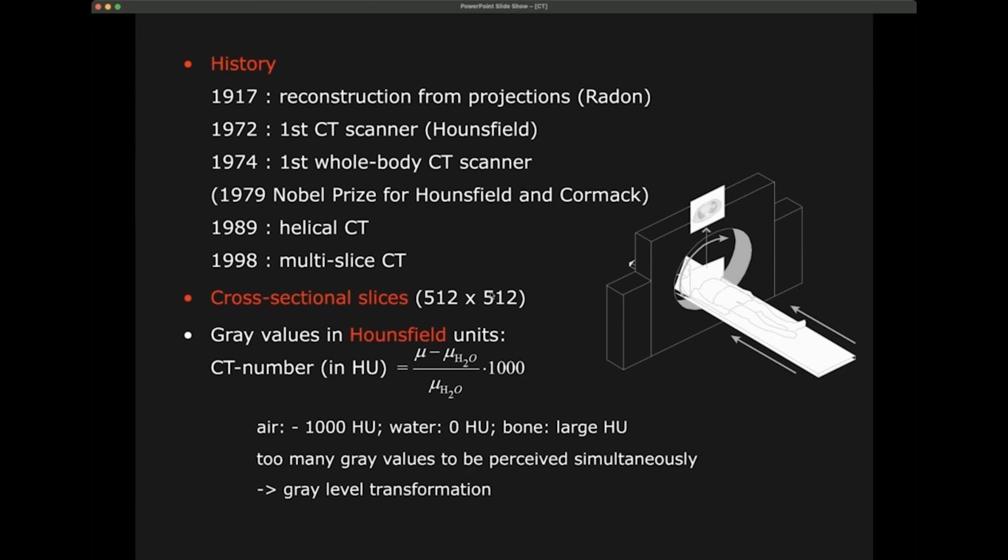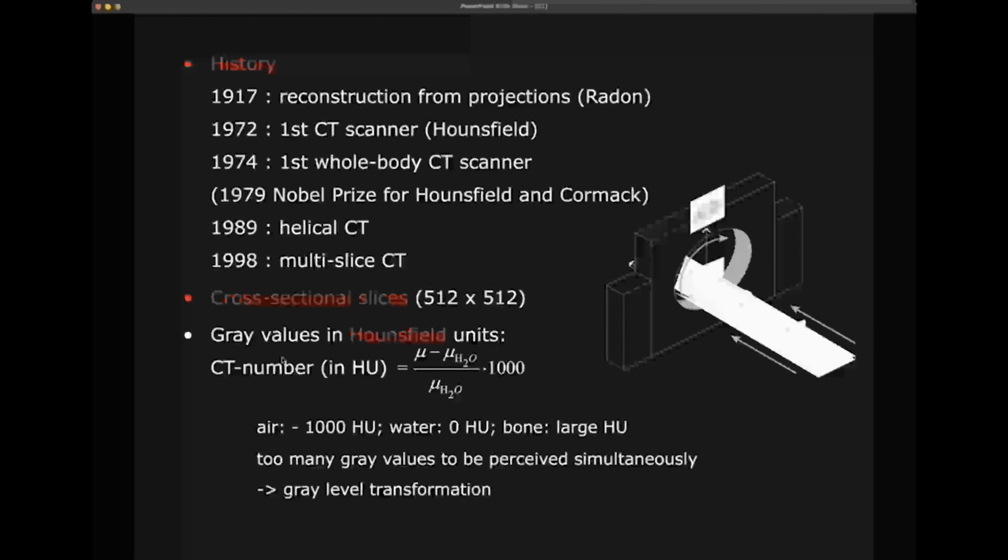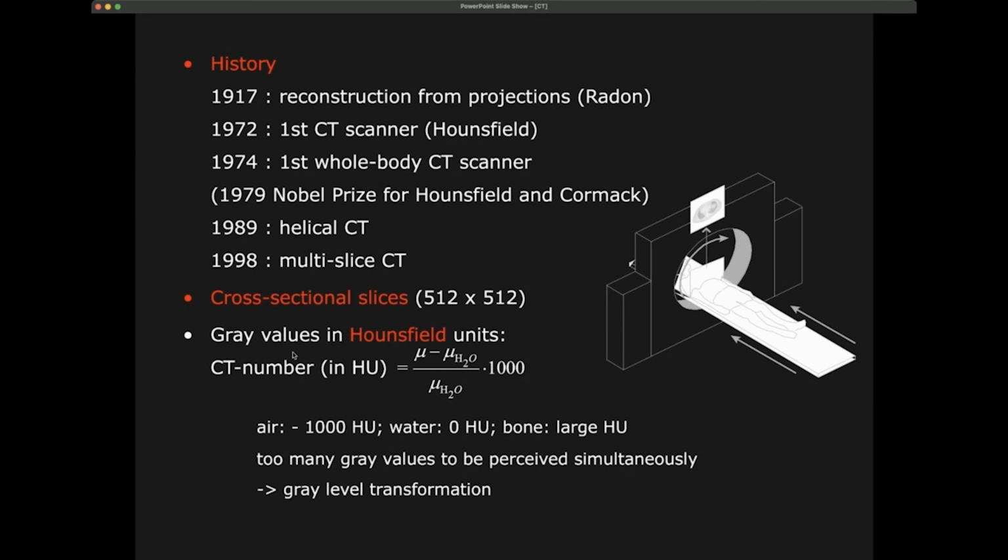Now, one nice thing about a CT scanner is that we can really measure X-ray absorption. The pixel value of the images that we see, so the grayscale, really represents the absorption by the tissue. And it's expressed in Hounsfield units.